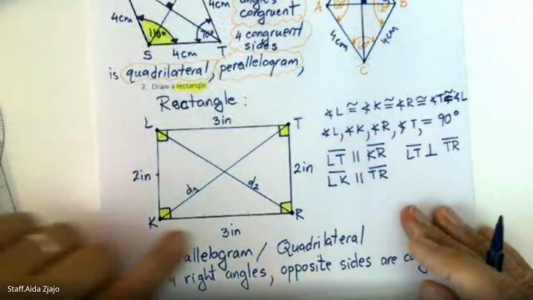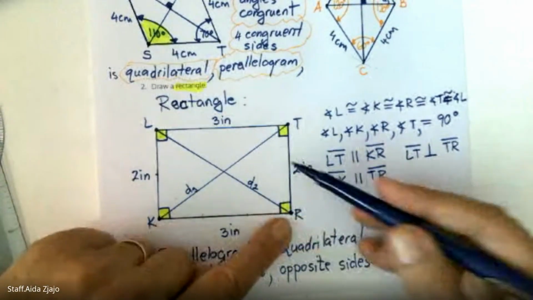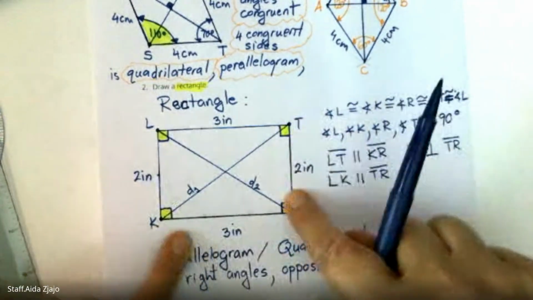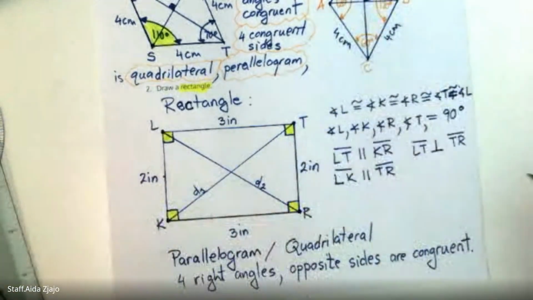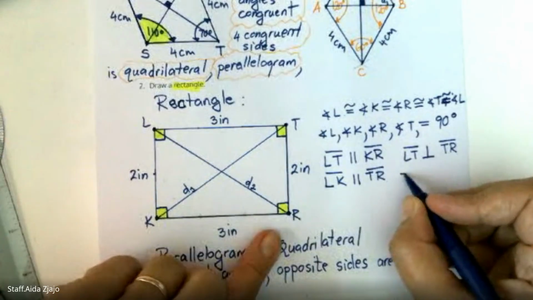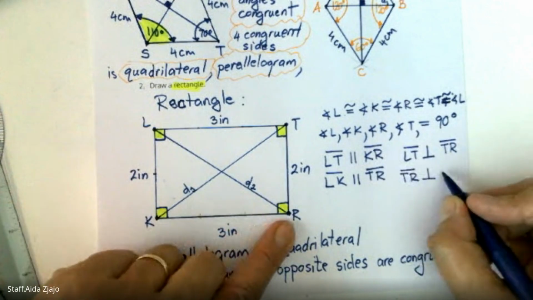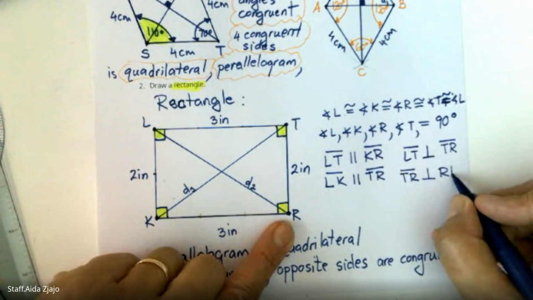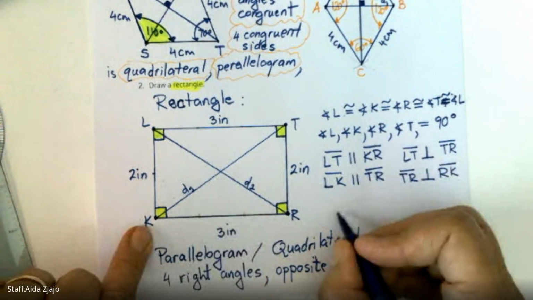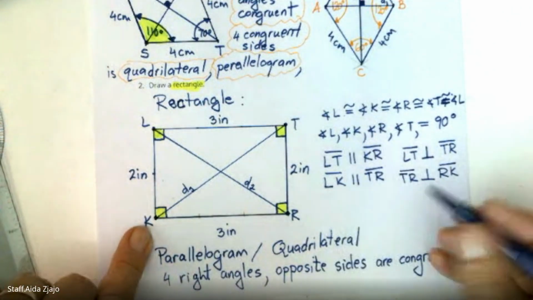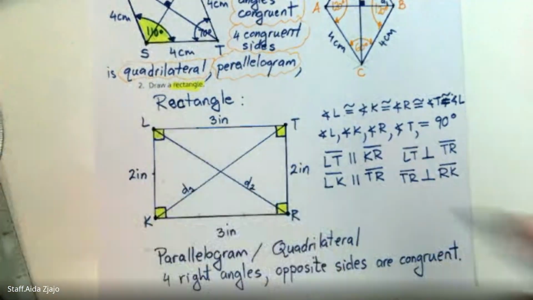We can say that TR line segment is perpendicular to RK line segment. And then we can say RK is perpendicular to LK.